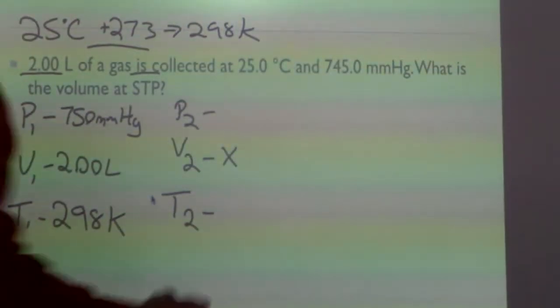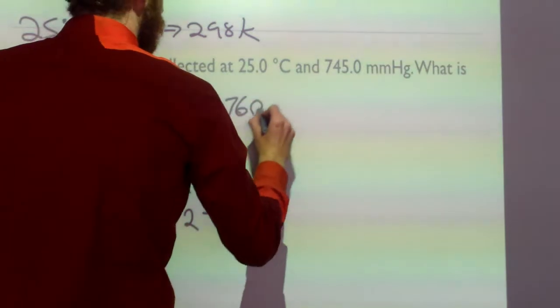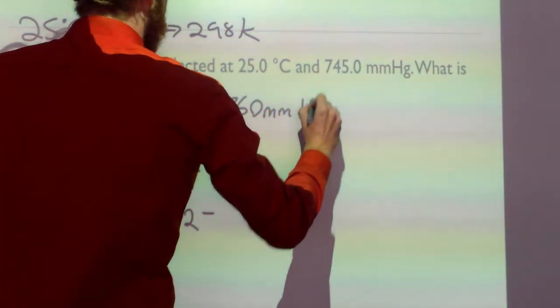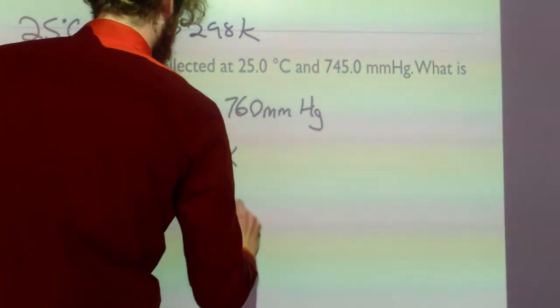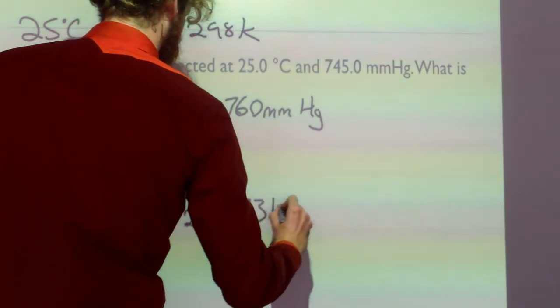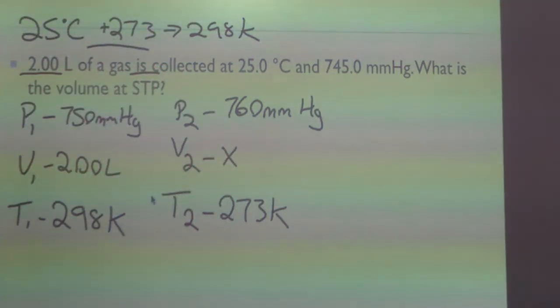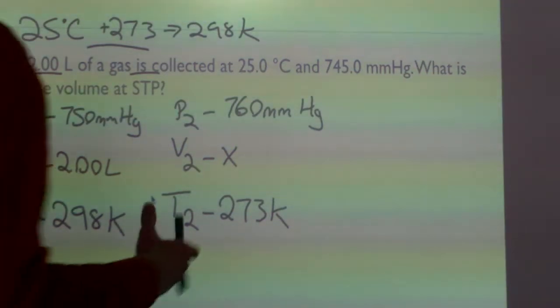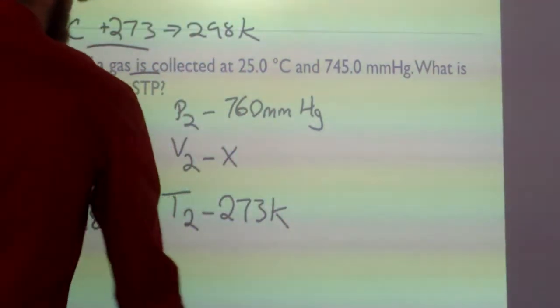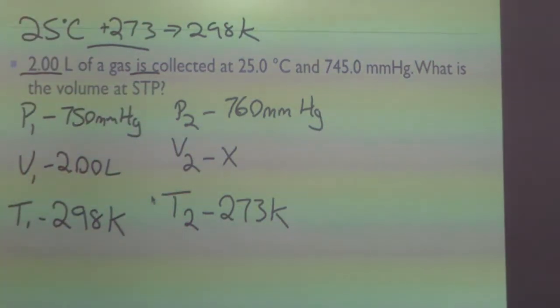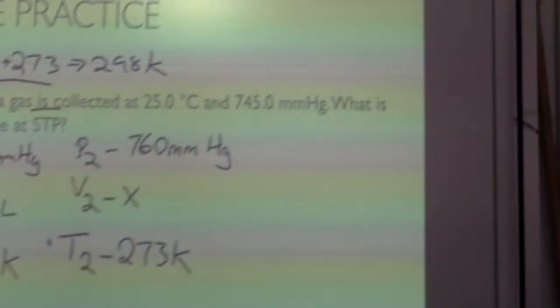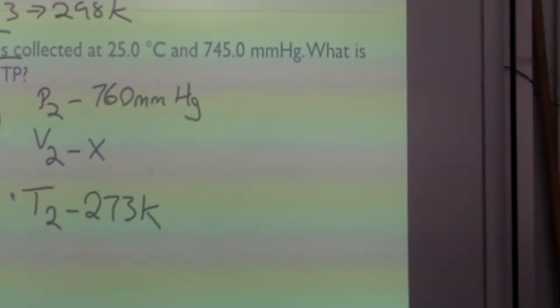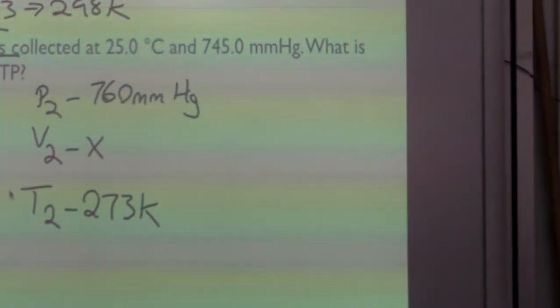So our standard pressure is 760 millimeters of mercury, and our standard temperature is 273 Kelvin. So now we can set it up in the combined gas law equation. So I'm going to switch to red. I'm also going to drop the units for the sake of space, and I'm going to move the camera over so you guys can see it a little bit better.